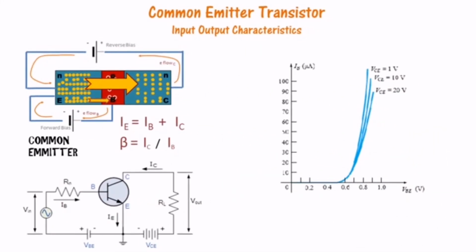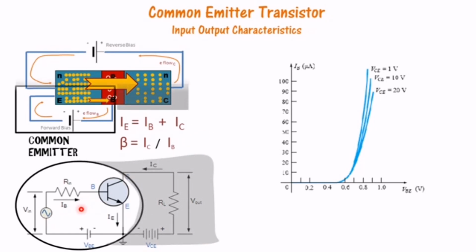We will first focus on the input characteristics, and that is the change in base current versus change in the base emitter voltage. So we know that the depletion layer across this PN junction is about 0.6 volts.